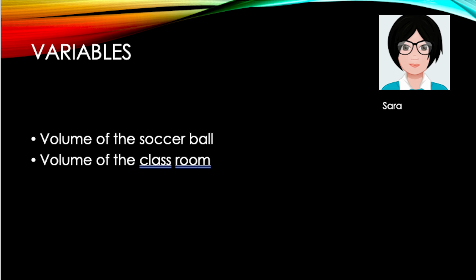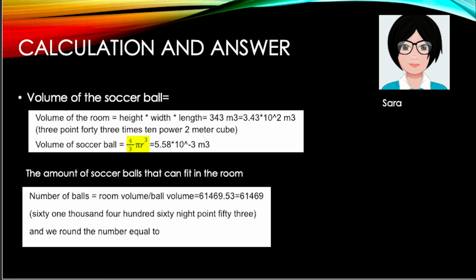How many balls can fill up the tutorial room? We need the following. The volume of the room equals height times width times length, equal to 343 meters cubed. The volume of the soccer ball equals 4/3 pi r cubed, equal to 5.475 times 10 to the power minus 3 meters cubed, and we round to 6 times 10 to the power minus 3 meters cubed.